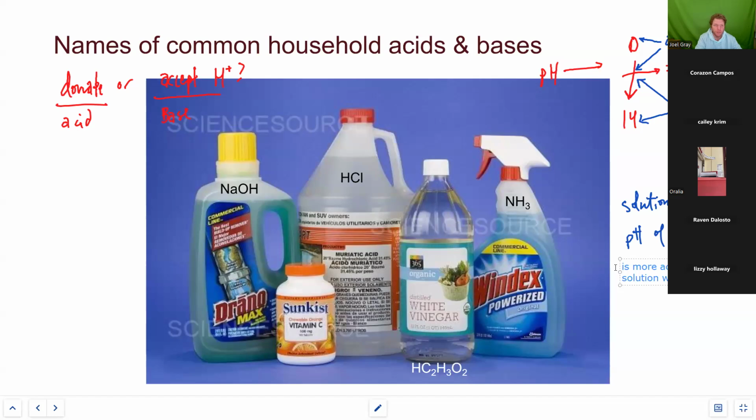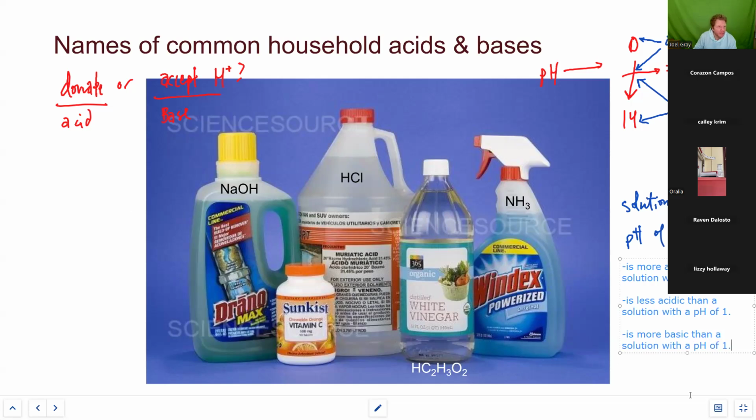That's a true statement. Then another true statement is that it is less acidic than a solution with a pH of 1. And then last but not least, we could say that a solution with a pH of 3 is more basic than a solution with a pH of 1.